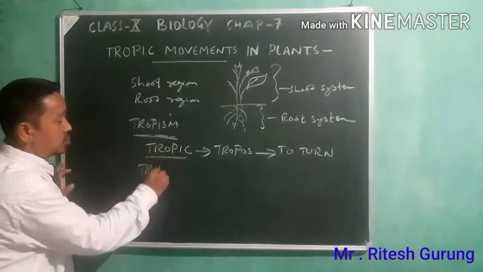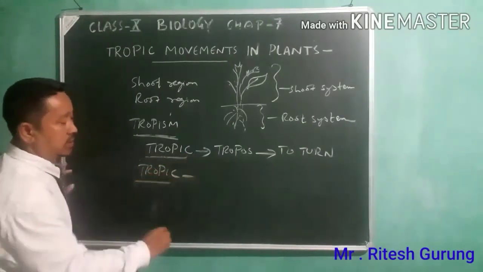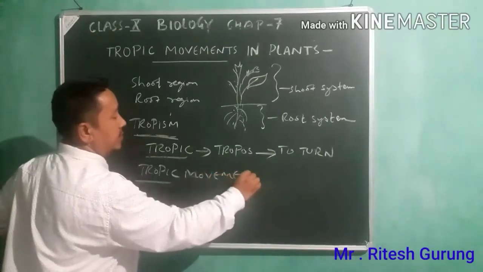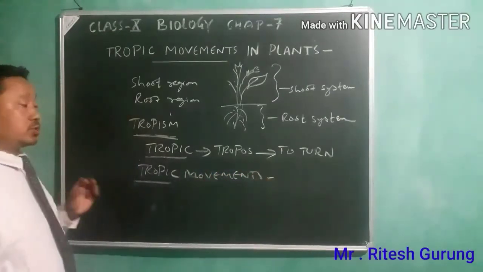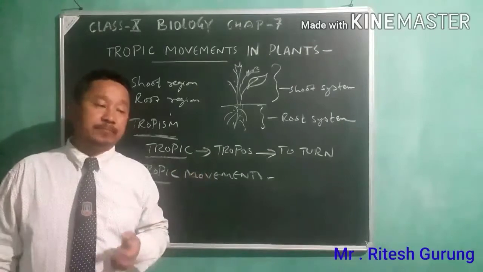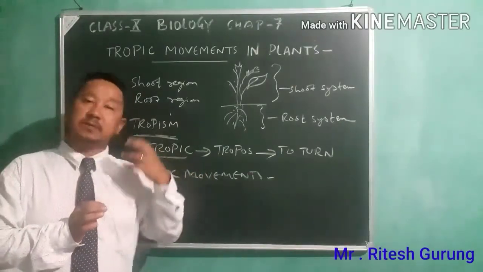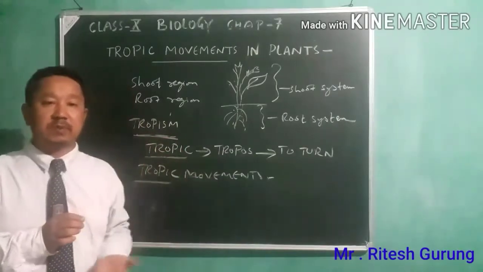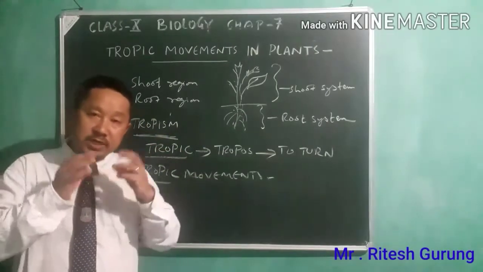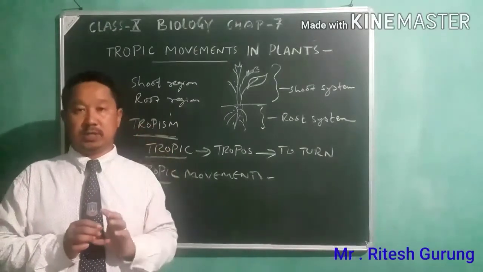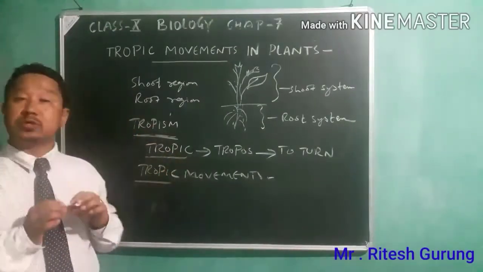So tropic movements are the growth movements shown by the parts of the plants in response to unidirectional external stimuli. This is the tropic movement.